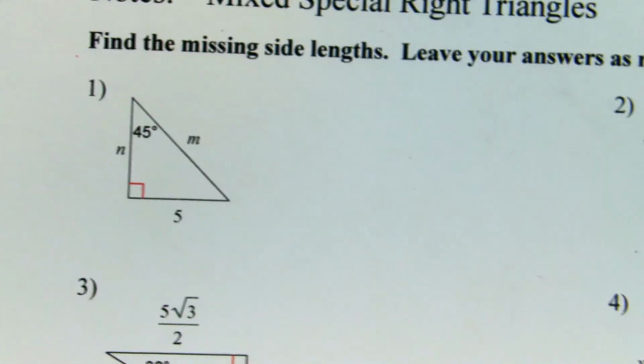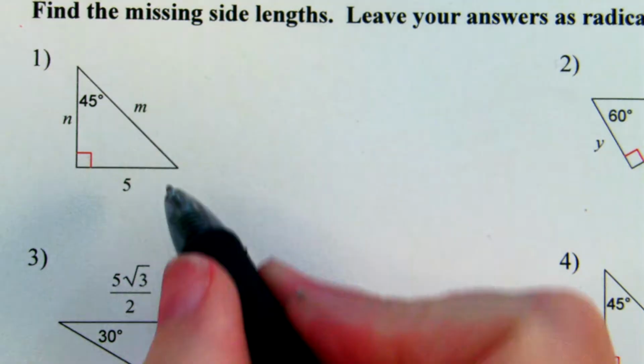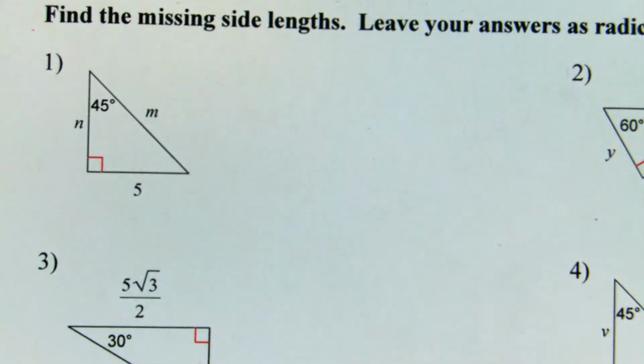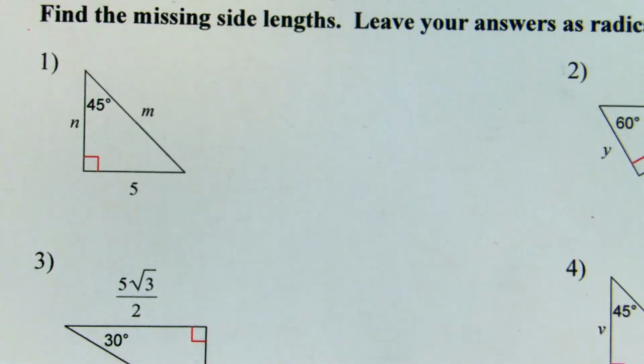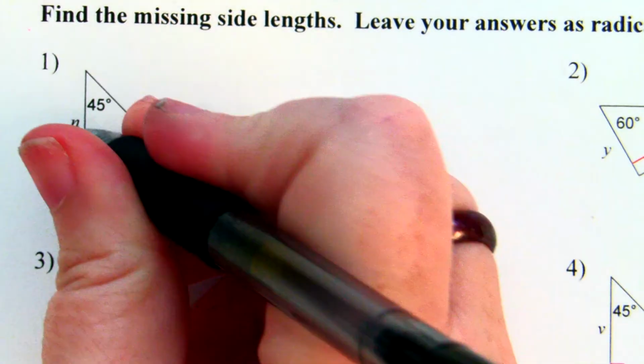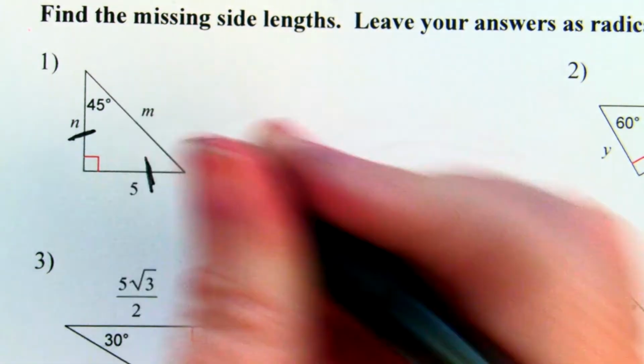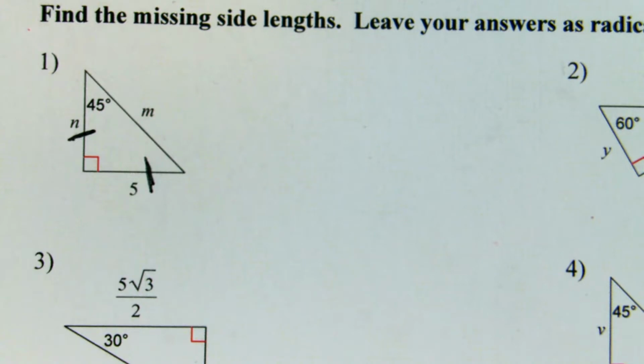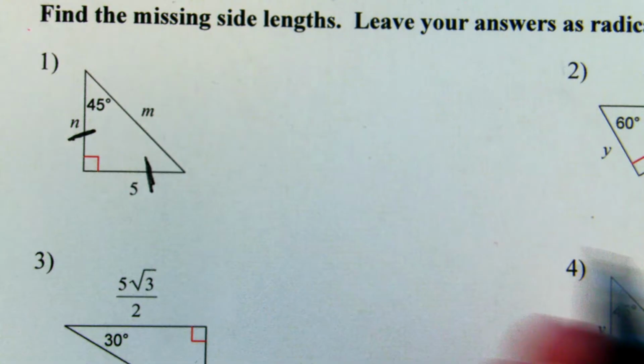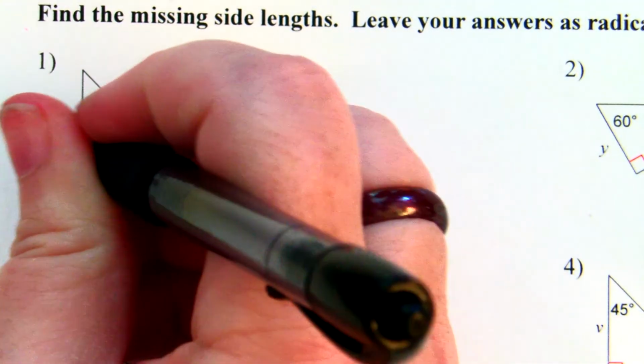So on the first problem, is it a 30, 60, 90 triangle or a 45, 45, 90 triangle? And remember, it could have these marks and it would be a 45, 45, 90 because it would be a nice isosceles right triangle. So it's a 45, 45, 90 triangle, and the two legs are the same. So if this is 5, then n is also 5.